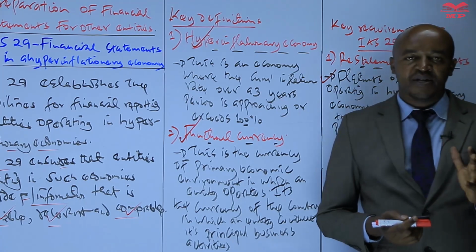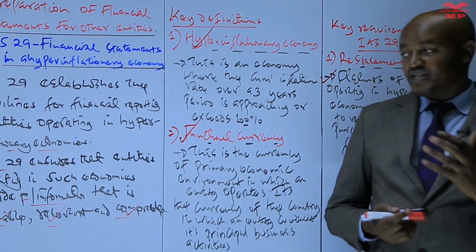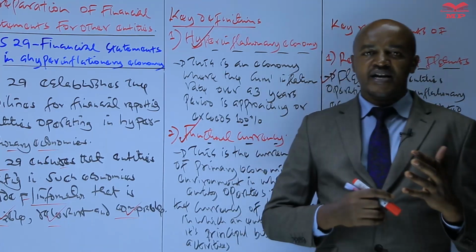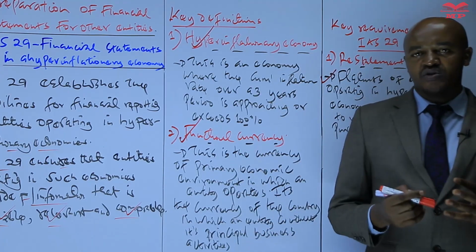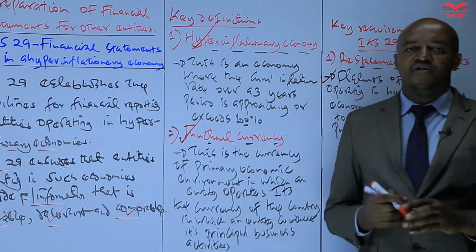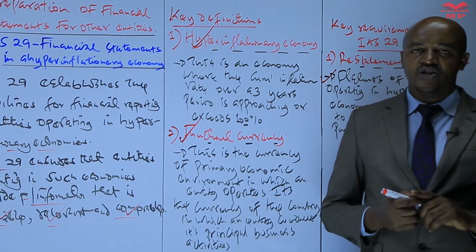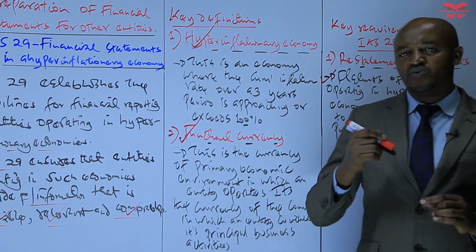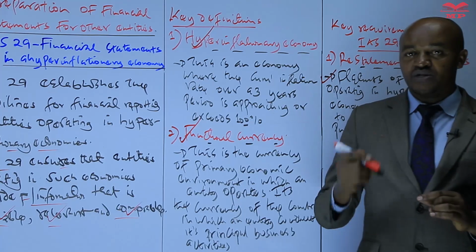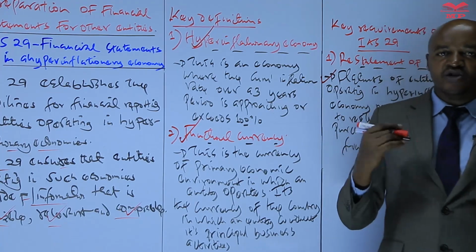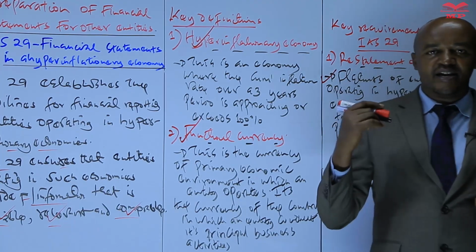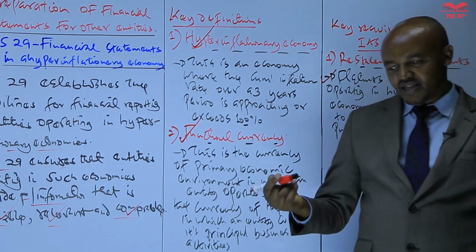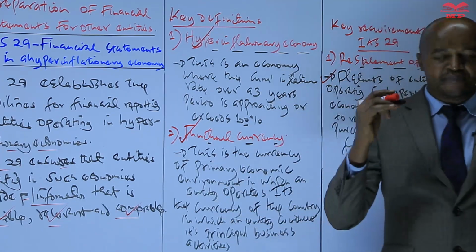On the other hand, this restatement involves adjusting the historical cost of the financial statement using a suitable price index in order to reflect the value of money. And in this case, I've given a good example here.